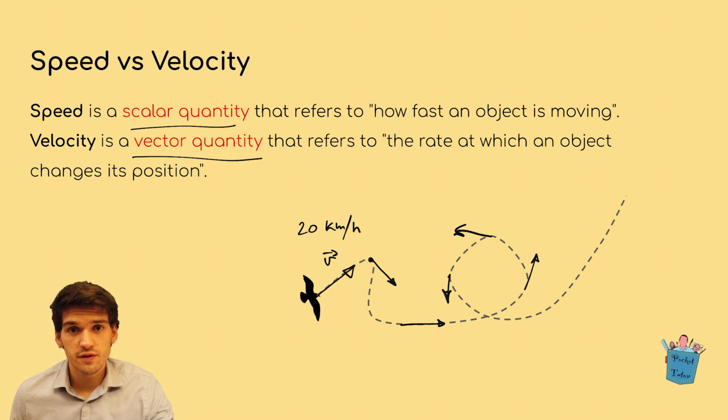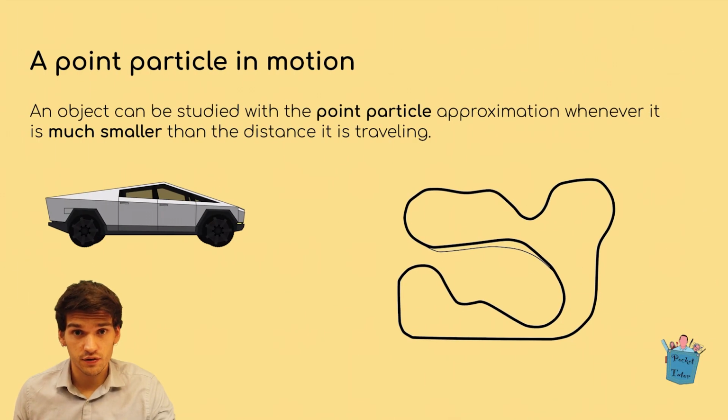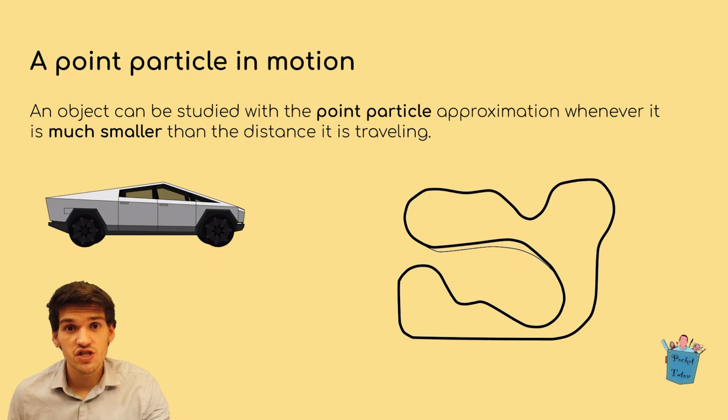In order to more simply describe the motion of a rigid body, we can use the same simplification that we've seen when we talked about rigid bodies, that is the point particle. If you remember, the point particle is an approximation that we can employ when we are describing a body that is much smaller than the environment that we are considering. So when we're talking about motion, we can use the approximation of a point particle when the body is traveling a distance that is much bigger than the body itself.